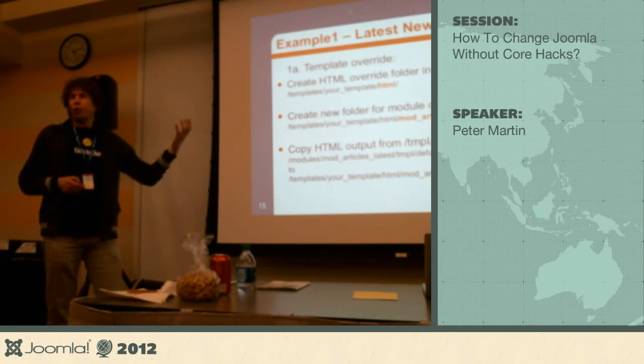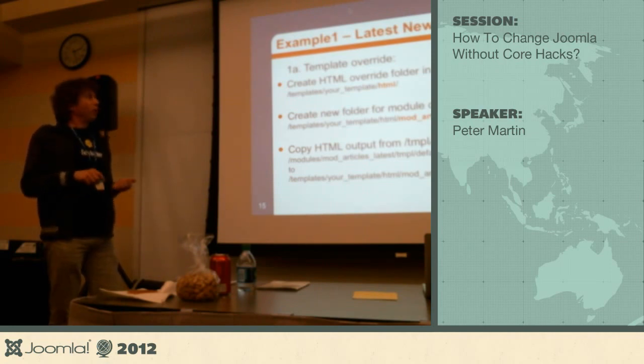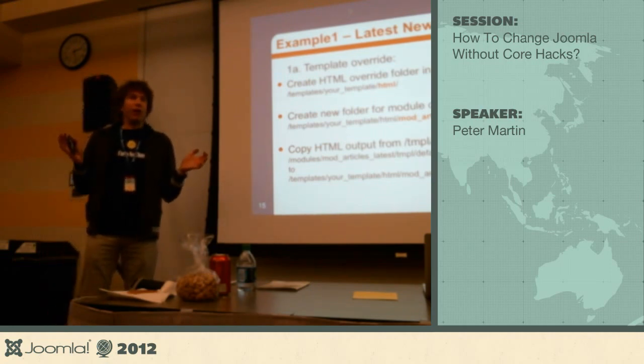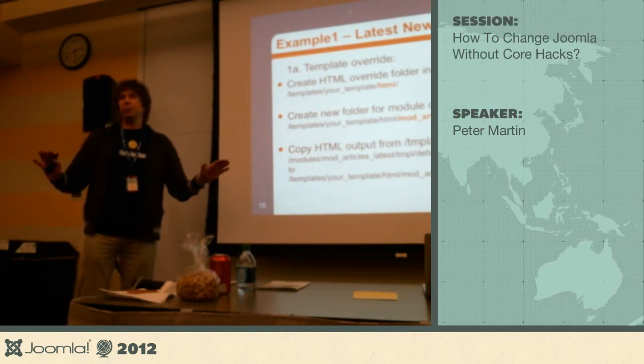Then I go to the original module, and in the original module there is a tmpl file. So it's modules, mod_articles_latest, tmpl, and then default.php. I just copy this file, put it in my template override folder under the same name, and then you have a template override. Nothing happens because it's just a copy.